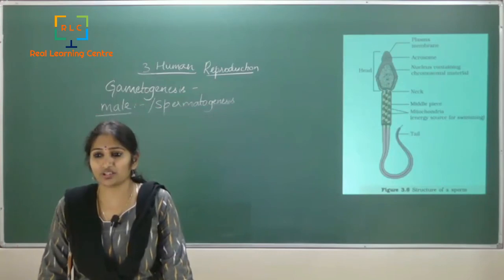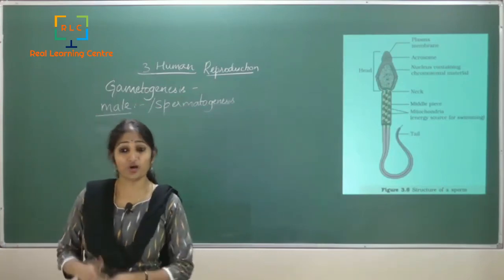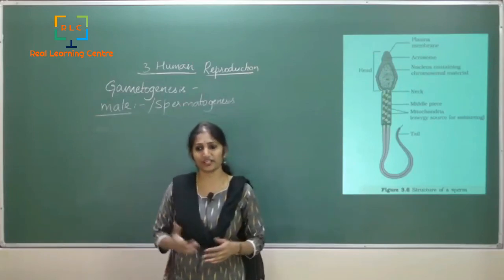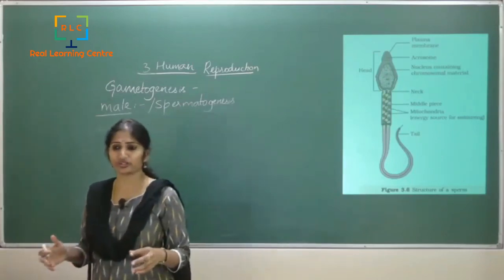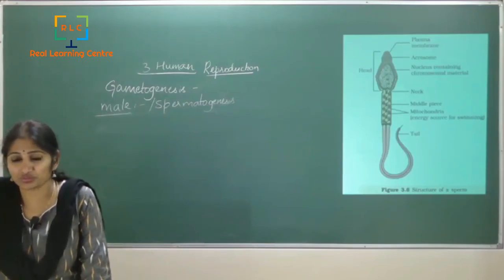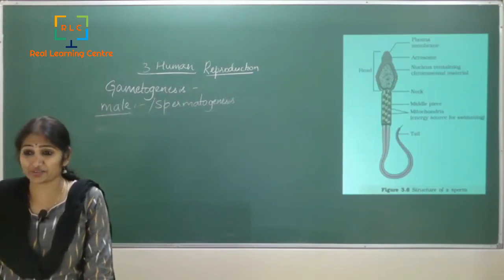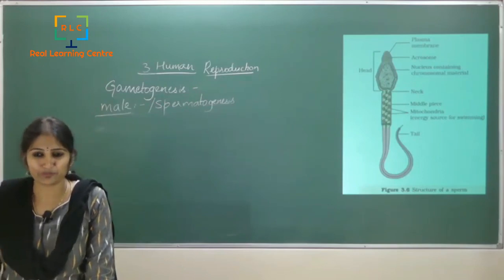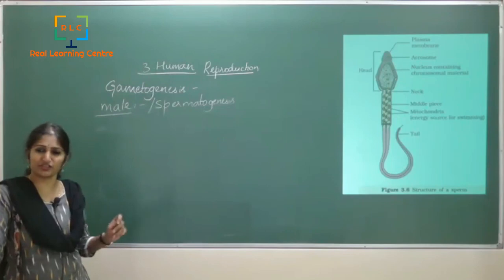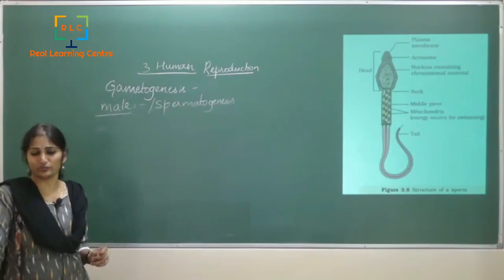Now, you know how many of them would be released. Every time a human male ejaculates, we see that around 200 to 300 million sperms would be released. 200 to 300 million. And as shown in many movies, there is a very strong competition between them.